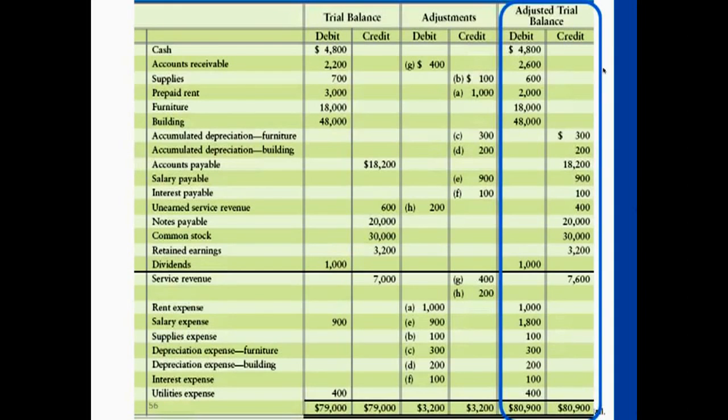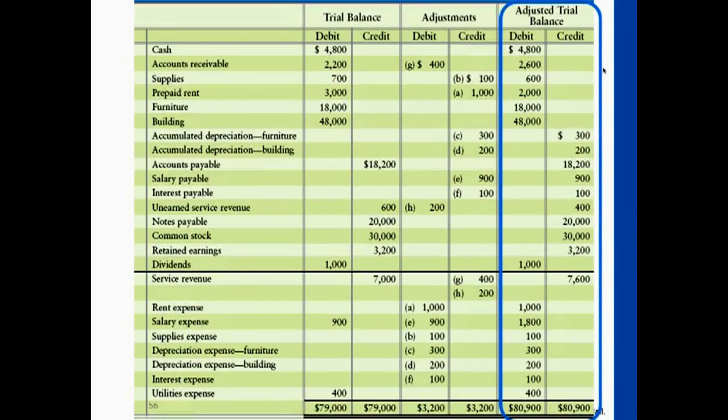For example, accounts receivable: you have $2,200 on the debit side in the beginning, then you have another debit amount, so you increase accounts receivable by $400. On the right-hand side, the balance is $2,600. The next account is supplies. Originally we have $700, and now you see a credit to supplies, which means you reduce the balance to $600.